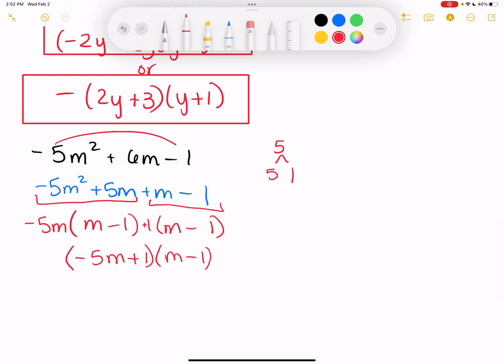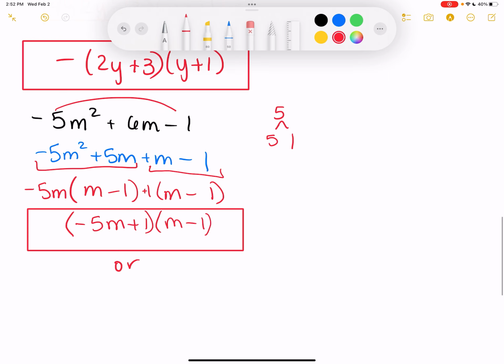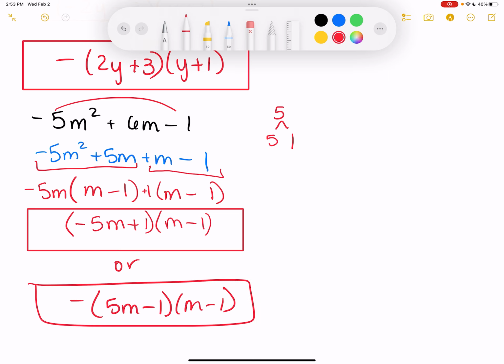Now, again, for some reason your book is not okay with the variable terms having a negative on them, I don't know why. I would leave my answer here. But they would take a negative out and give you negative times 5m minus 1 times m minus 1 and say that that's the answer.